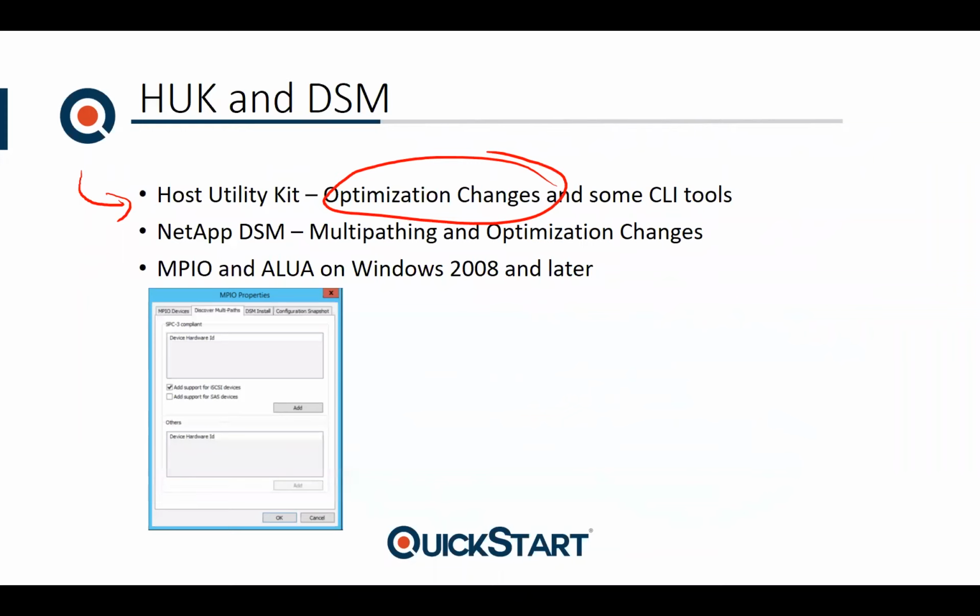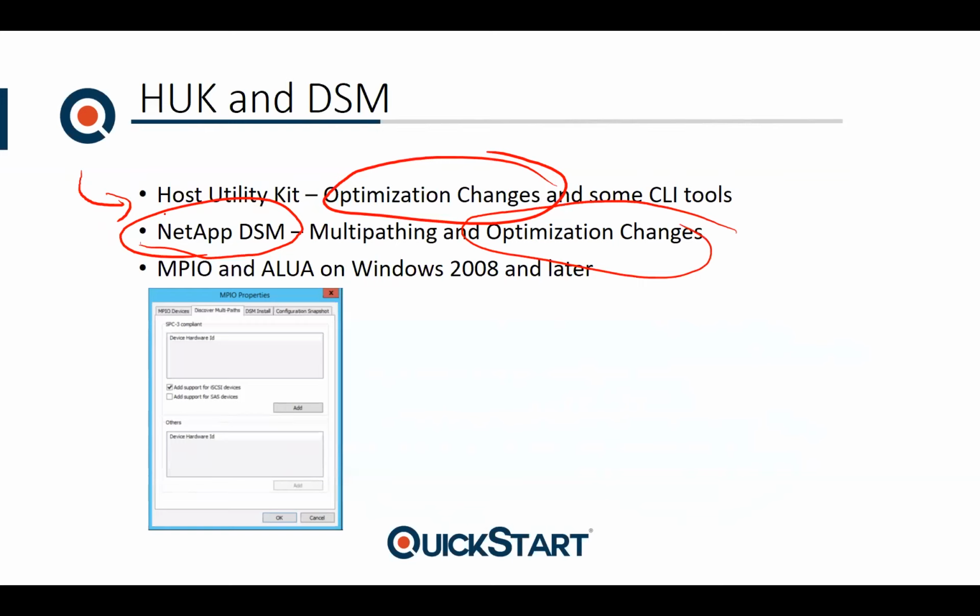There is another tool called NetApp DSM, which depending upon your agreement with NetApp, you might have to pay a few pennies for. But it does the exact same optimization changes as the Host Utility Kit. Okay? Plus, it can handle your multipathing. And yes, the Windows operating system does have a multipathing option built in nowadays.